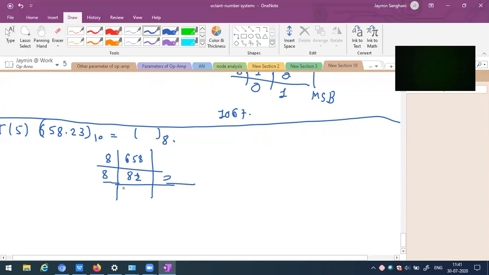So remainder is 2. 8 ones are 8. 8 0. So remainder is again 2.